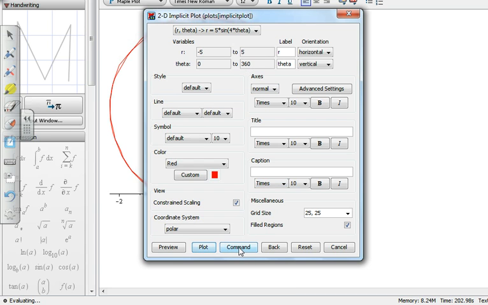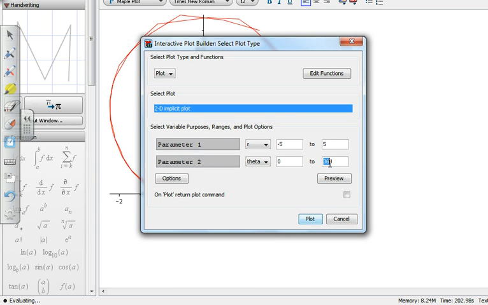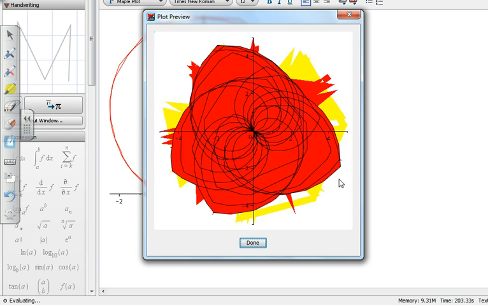What does command mean? Back. Oh, there we go, right here. Plot. We've got to change that there, probably 90. Preview.